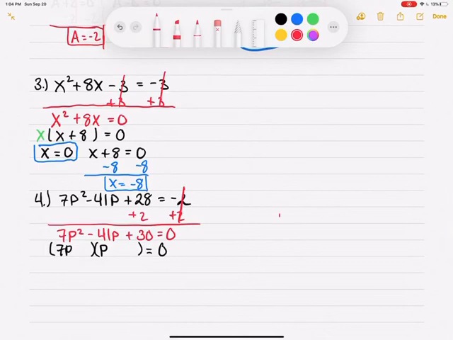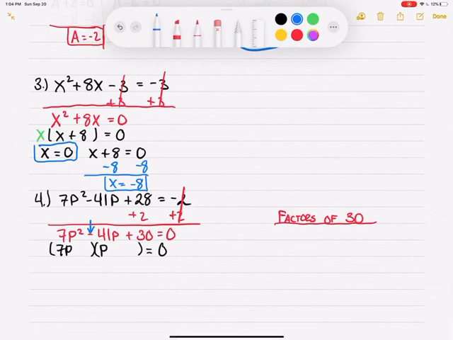Now I'm looking at the factors of 30. And I need to match up the factors of 30 with 7 and p so that when I multiply the outside times the inside, it adds up to negative 41p.